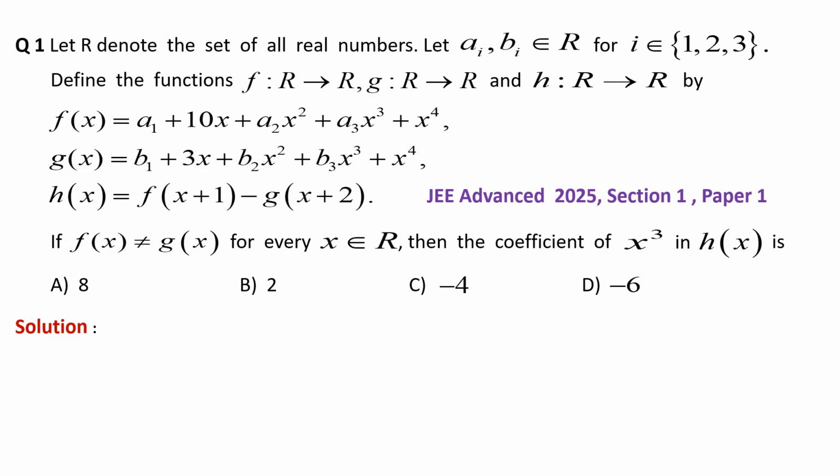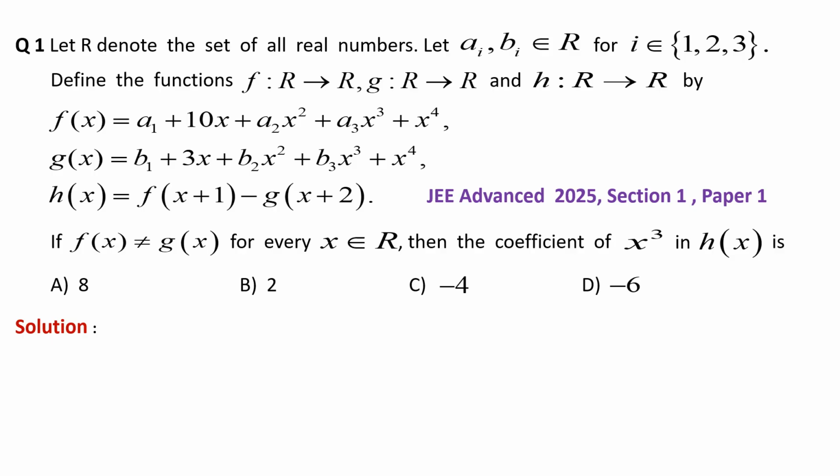Define the functions f: R to R, g: R to R and h: R to R by f of x equal to a1 plus 10x plus a2 x square plus a3 into x cube plus x to the power 4, g of x equal to b1 plus 3x plus b2 into x square plus b3 into x cube plus x to the power 4, h of x equal to f of x plus 1 minus g of x plus 2. If f of x not equal to g of x for every x belonging to capital R, then the coefficient of x cube in h of x is.